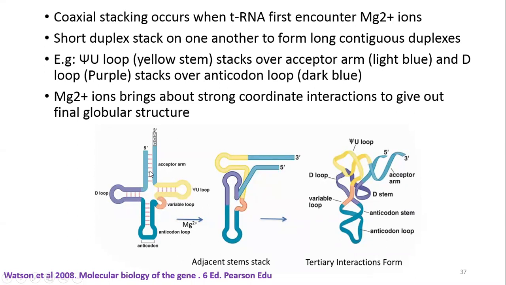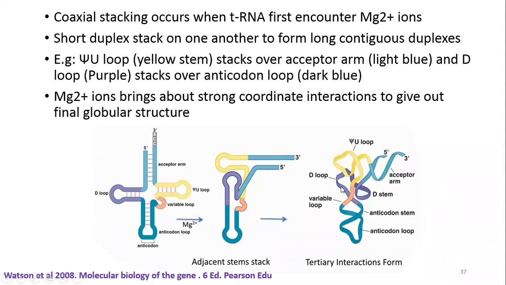Simultaneously, your purple colored D loop will stack over the anticodon arm and anticodon loop. Okay, these two things happen simultaneously, it is said. After the stacking, which is mediated by this Mg dipositive ion, the Mg2 ions bring about strong coordinate interactions in such a way that your RNA finally gains its final globular structure.